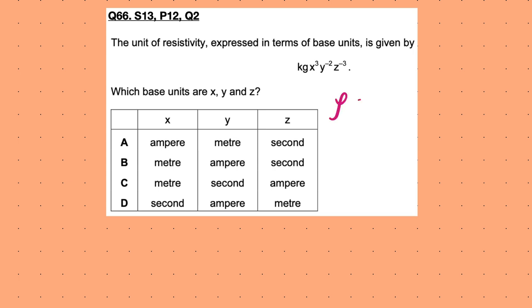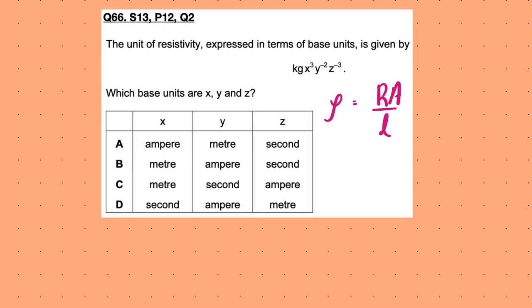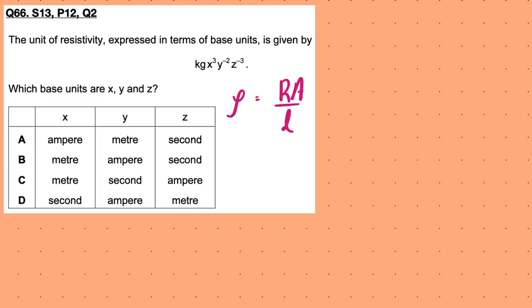So I'll just write this here for you. So rho equals RA over L, right? This is the formula for resistivity, R being resistance. And again, this is a more tricky unit that we do not know what the base units of this are right now, but we can work these out.